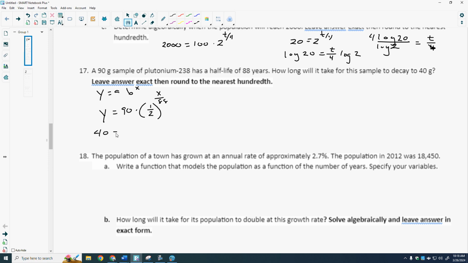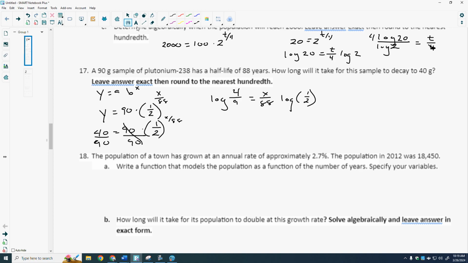So I plug in 40, and I just repeat what we've been doing for the whole entire recording. Divide by 90. 40 over 90 is 4 over 9. Take the log of both sides. Bring the 88 and the X down in front, and hopefully you followed me doing multiple steps in one shot.